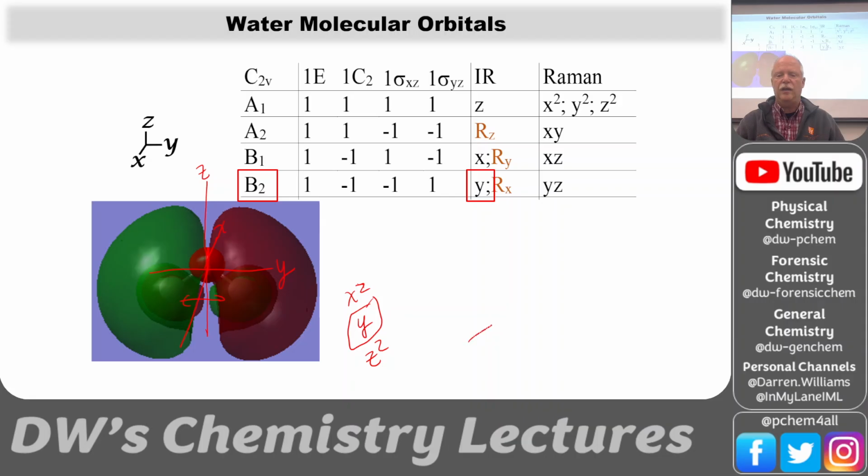So if we were to make this using the symmetry adapted linear combinations, we had the py orbital on oxygen. This one would be the one that has the bigger box and fewer nodes.